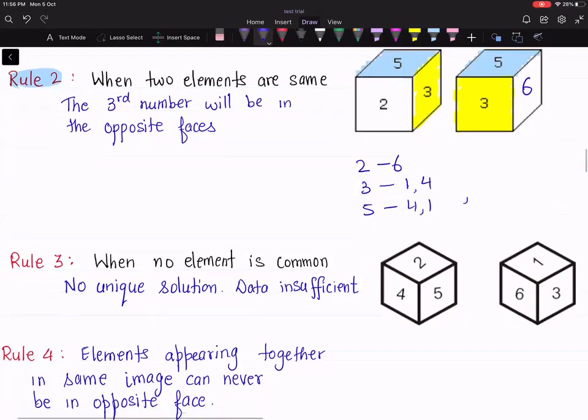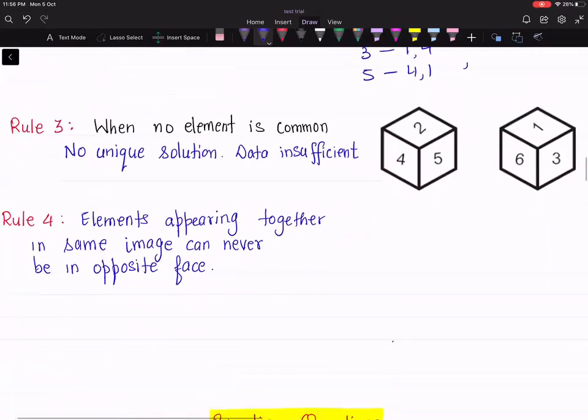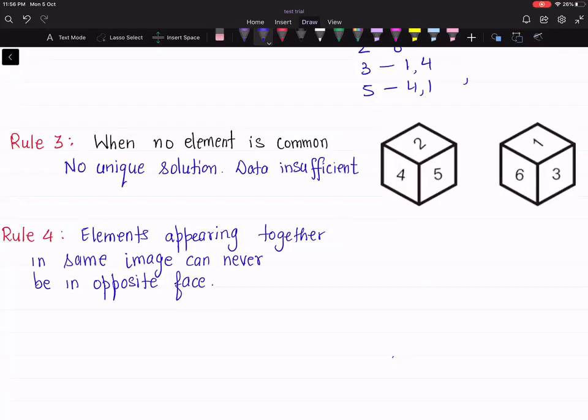Let's see rule number 3. Rule number 3 talks about when none of the faces is common, that is, there is no common element in the faces given. Here all the faces are different, so you cannot determine, right? The data is insufficient to determine the face opposite to any of the numbers. The only thing you are very sure of is that 2, 4 and 5, which appear in the same picture, cannot be opposite faces. So opposite to 2 cannot be 4 or 5, that thing is for sure.